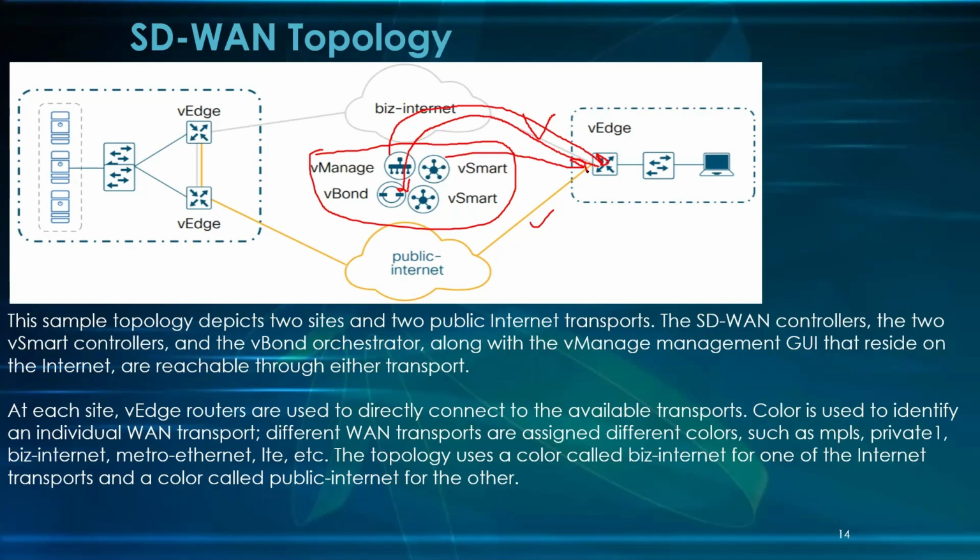Clear? So to protect from any type of attack or capture in between, we run a secure tunnel. This device forms a secure tunnel to each of the controllers, vSmart and vBond, and as many controllers as it has, it will form those tunnels.